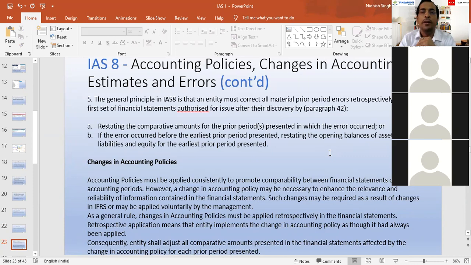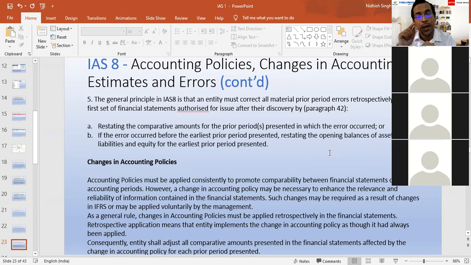Okay. Let me clarify. When we are changing accounting policy, we make the changes retrospectively. I think that's the core area of the confusion. In case of accounting policy, we make the changes retrospectively for at least 2-3 years. Also, we need to reflect in the disclosure notes why we made the changes.